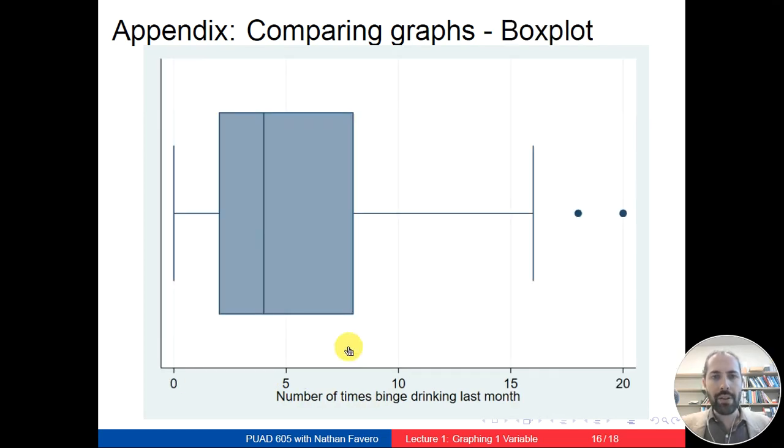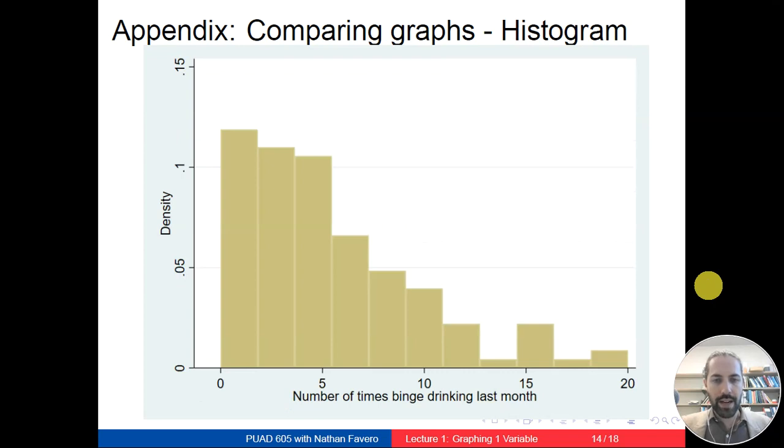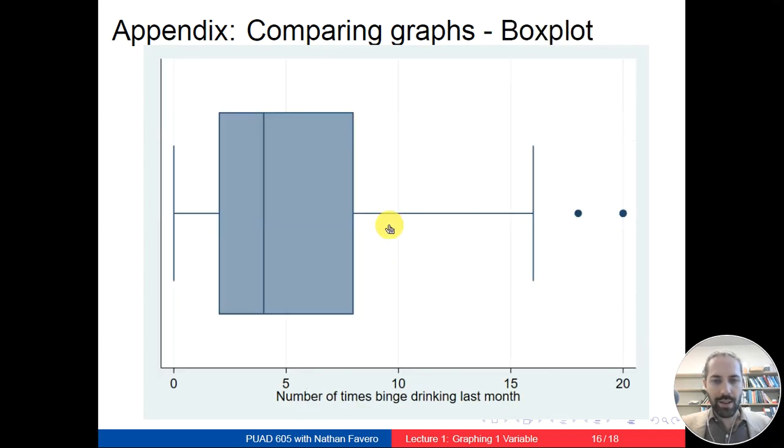Another kind of plot that we can look at is the box plot, of course. So this is that same data depicted as a box plot instead of a histogram, like we started out with. And again, we can conclude that most people are binge drinking less than 10 times a month. In particular, we can say that 75% of people are binge drinking less than, I think this is 8 times a month, right?